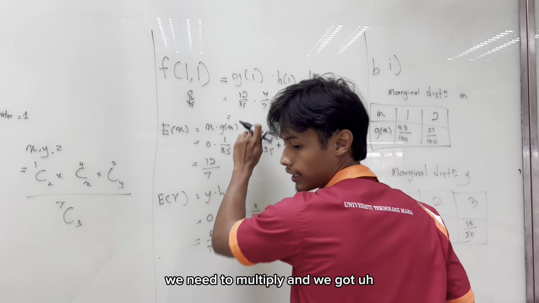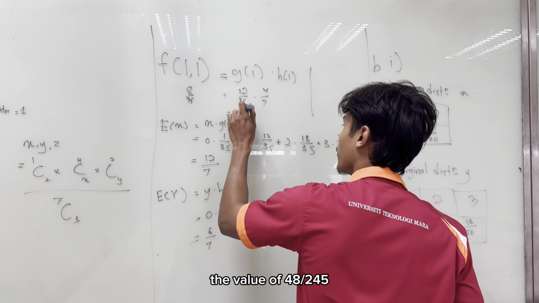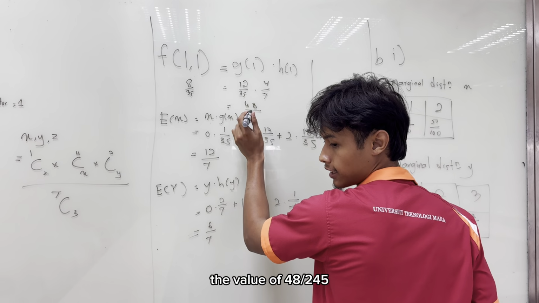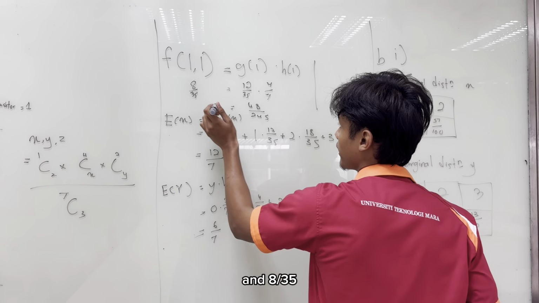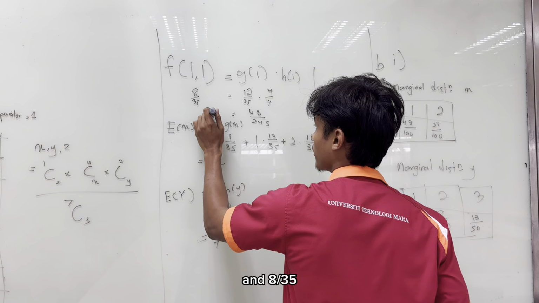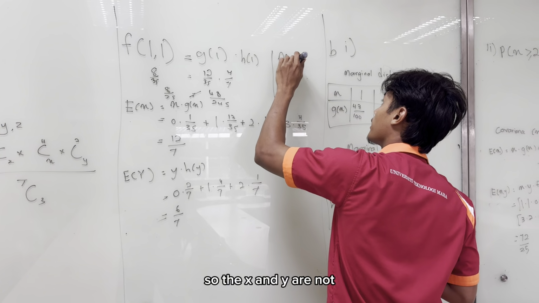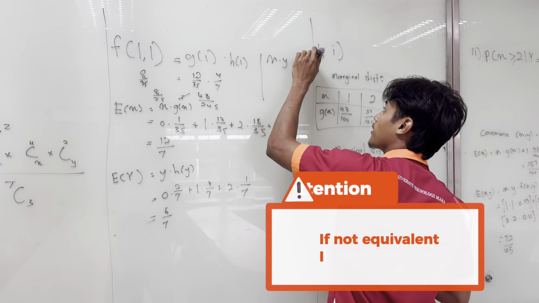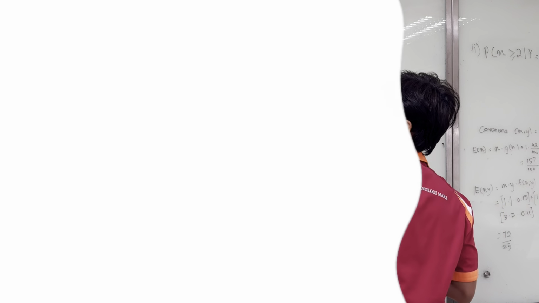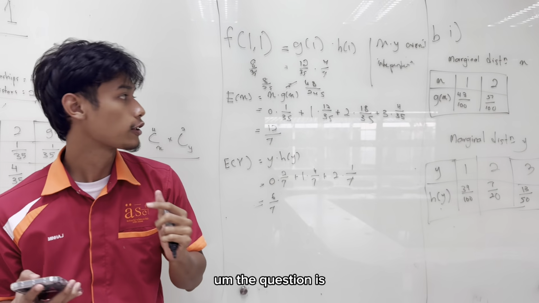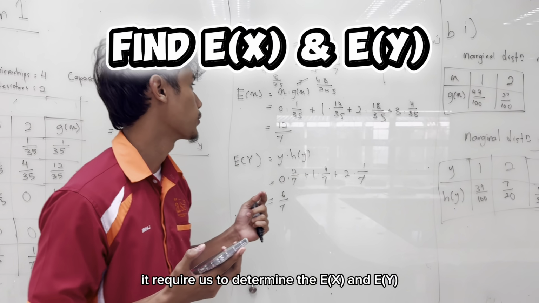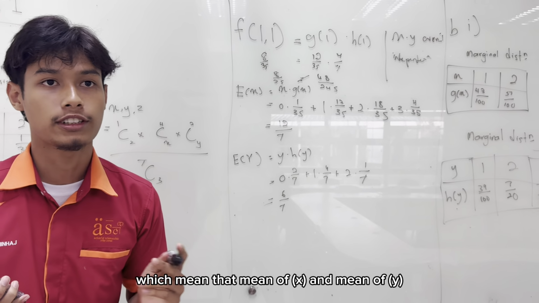We need to multiply them and we get 48/245, and 8/35 is not equal to that, which means that x and y are not independent.